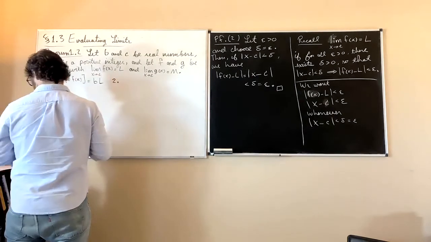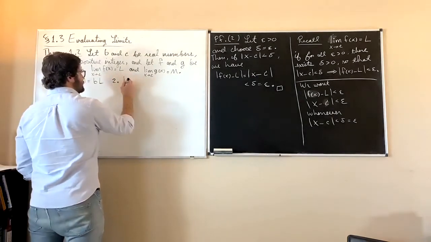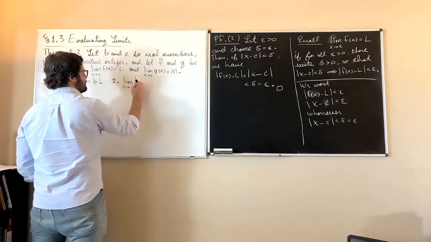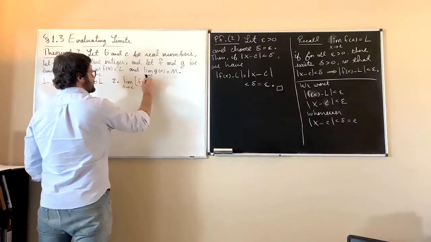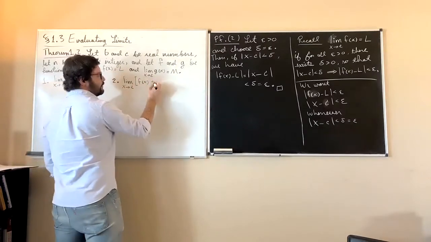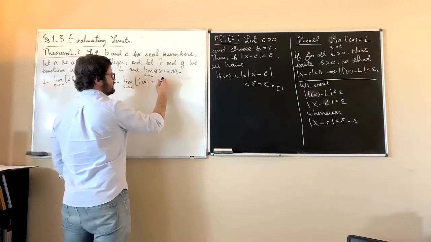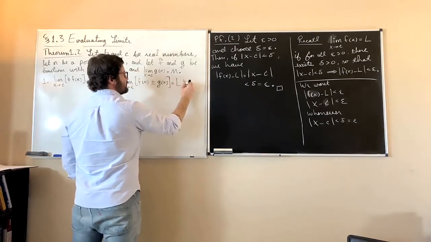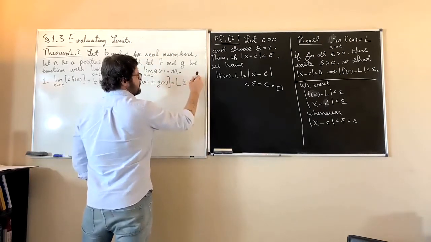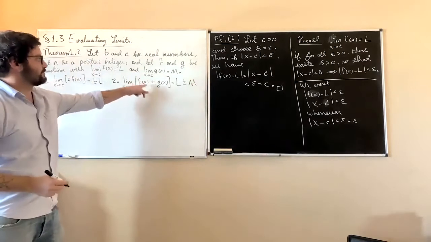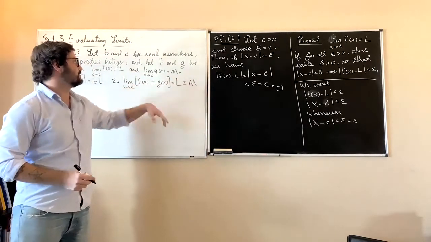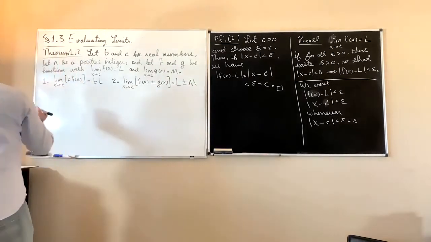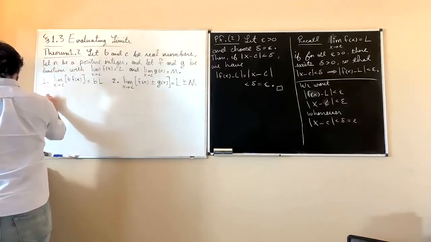Part two, the limit as x approaches c of f of x plus or minus g of x is equal to L plus or minus, respectively, m. So the limit of f of x plus g of x would be L plus m. The limit of f of x minus g of x would be L minus m.